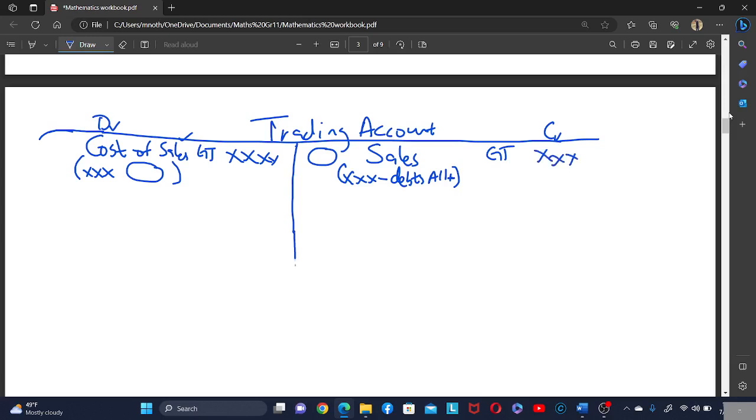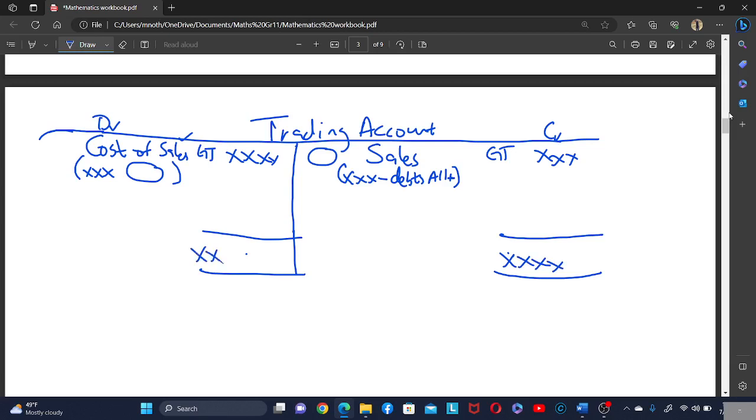Okay, and now you will check which side is bigger. If the credit side is bigger, you will balance both sides with the bigger side.